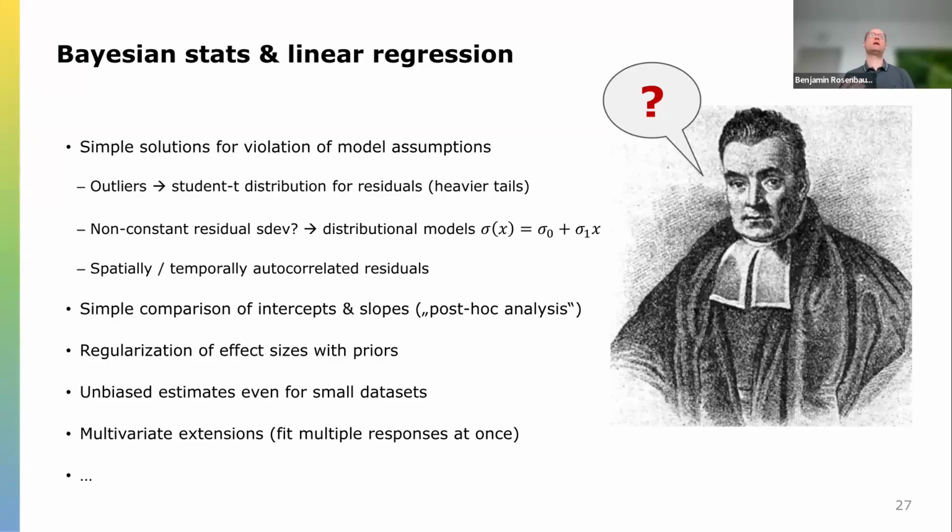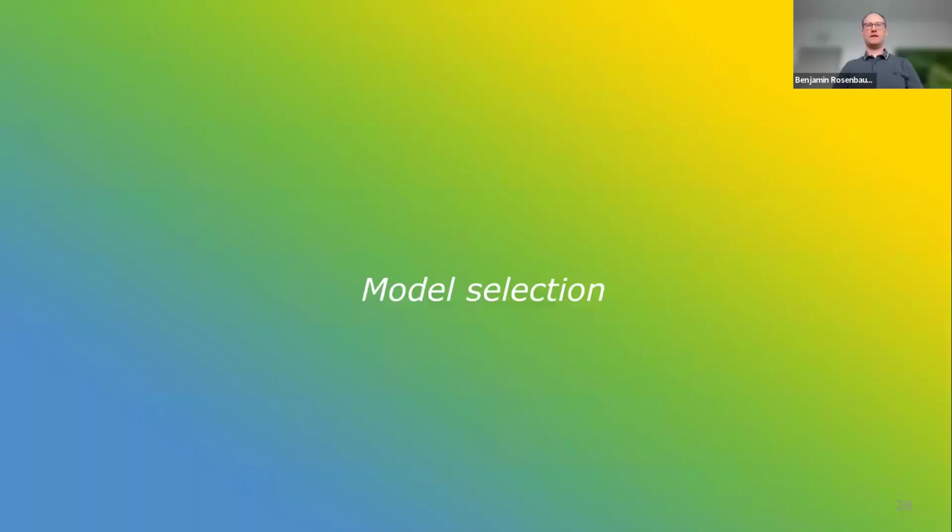However, I must admit, if you have a very classical linear modeling framework and a sufficient data set and the model fits the data well, then frequentist statistics is just as fine. So I don't want to force you to switch to Bayesian statistics. Just be aware of some pitfalls there.